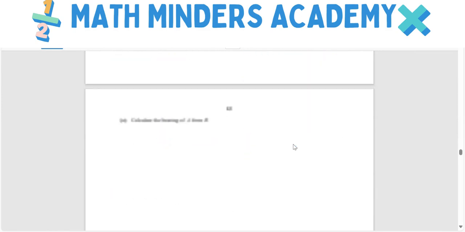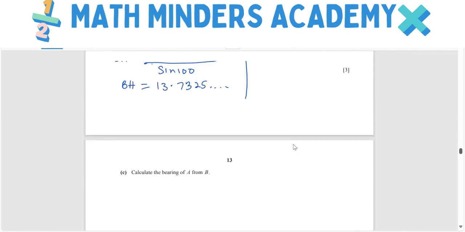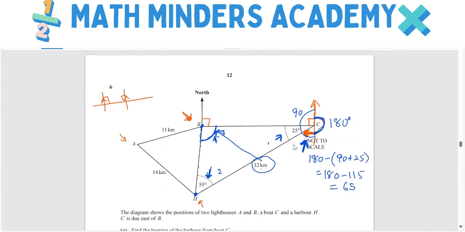So we proceed. Part C of this question says calculate the bearing of A from B. Now, let's go back. The bearing of A from B, I'm going to go this way.